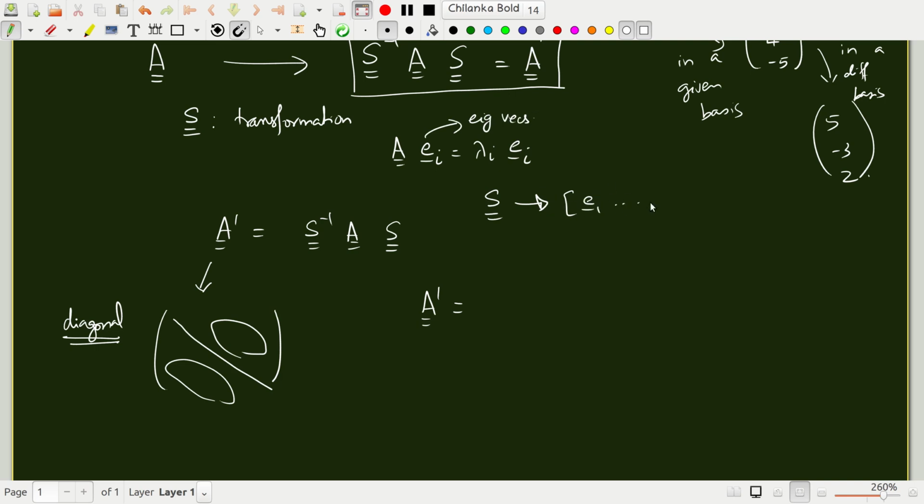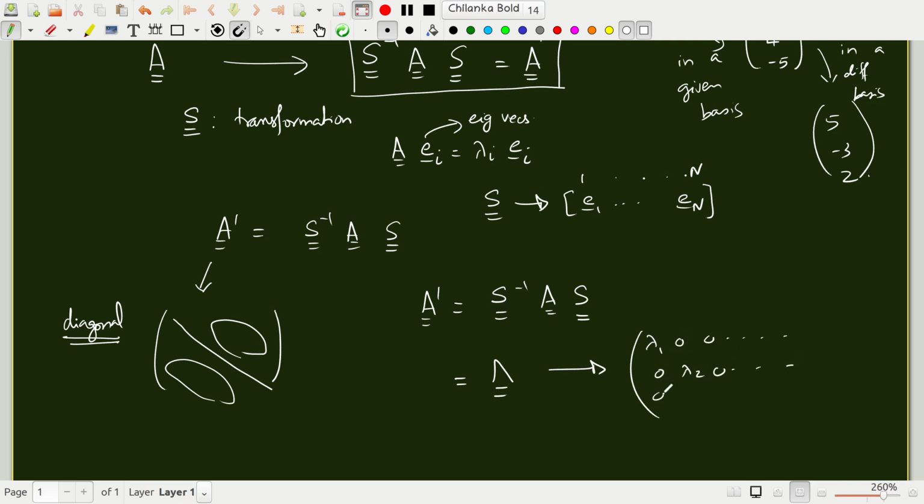So if I construct a matrix with e_1 up to e_n being the vectors that form the first column, second column, and so on up to the nth column, where these are the eigenvectors of the matrix, then A prime will become S inverse A S. We found that this turned out to be Lambda, where Lambda is simply lambda_1, 0, 0, 0, lambda_2, 0, 0, 0, lambda_3, and so on. That is, it will have only the eigenvalues along the diagonal and zeros elsewhere.